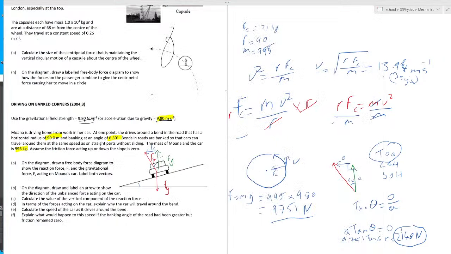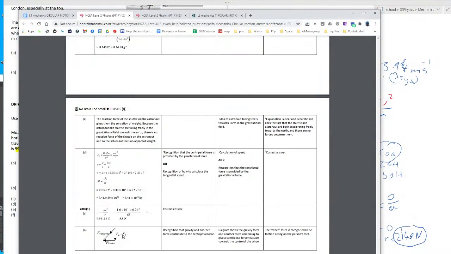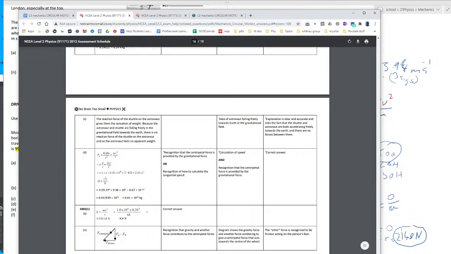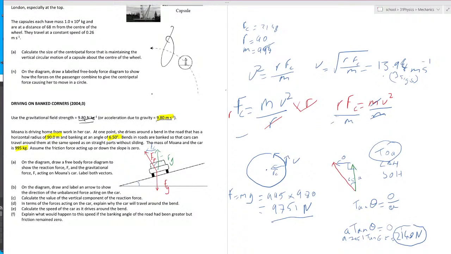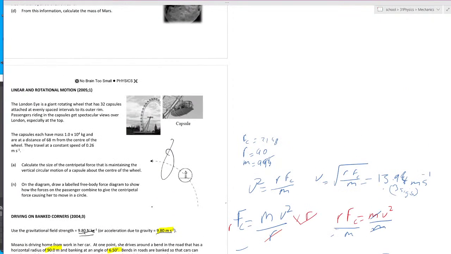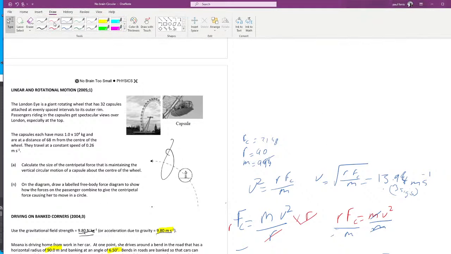We haven't got any answers for 2004, so we're just going to have to assume that I'm right. About a 50-50 chance of that, actually. Anyway, let's try another one. We'll try the 2005 one. There are answers for this one, so we'll be able to see.